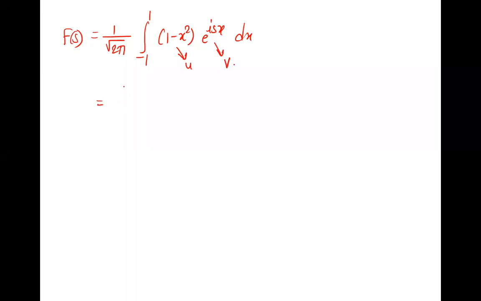It is 1 upon root 2 pi, u is 1 minus x square as it is, correct. U into v1, the integration of this: e raised to isx upon is. Is it s or ix? S. S, because it is with respect to dx.